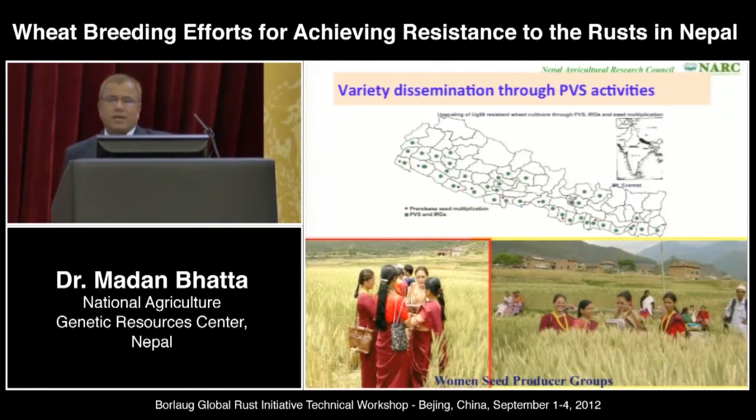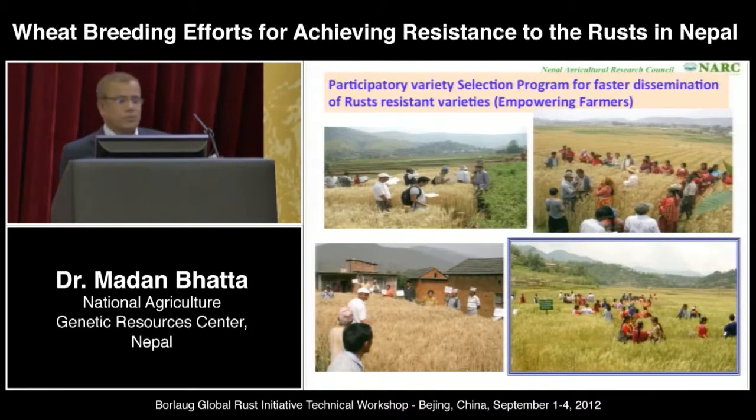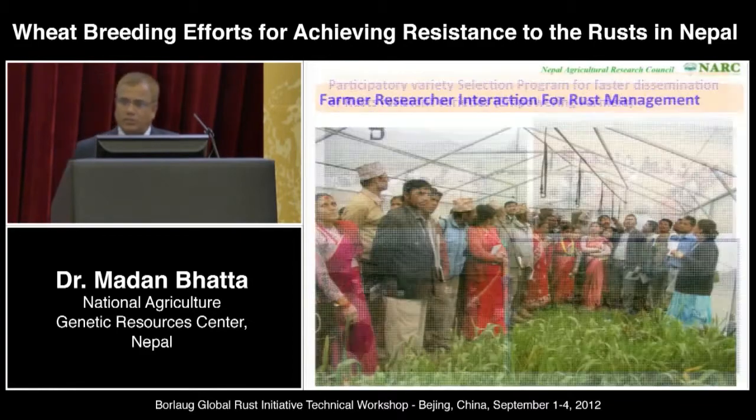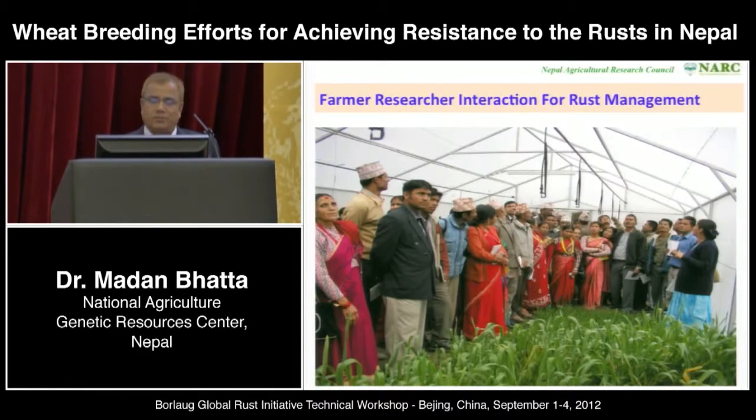Once farmers select a variety, they form seed production groups, and they produce seeds and sell among farmers. This is another view of how we empower farmers in PVS technologies to select the best one and second best out of 7 to 8 varieties given to them in PVS.